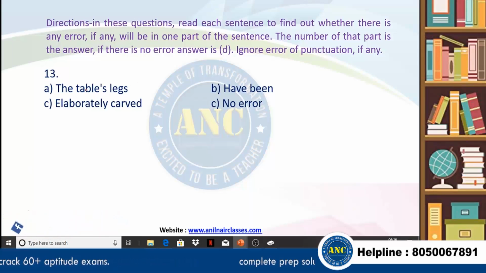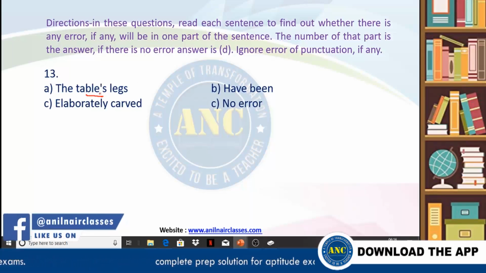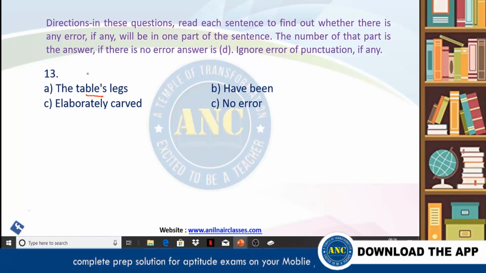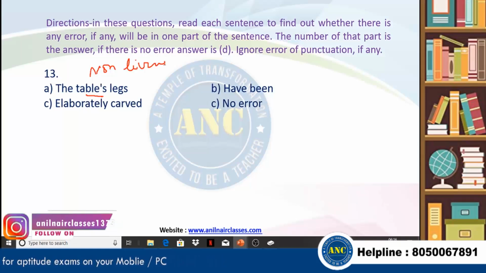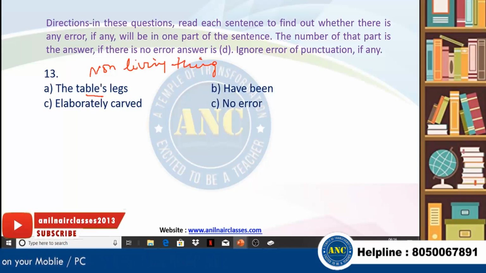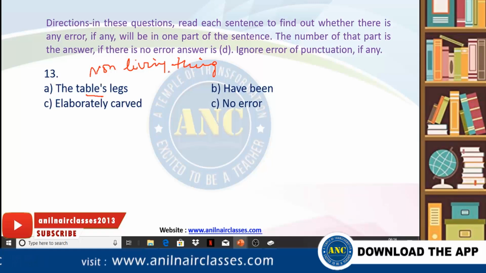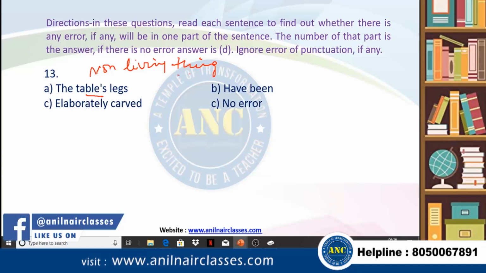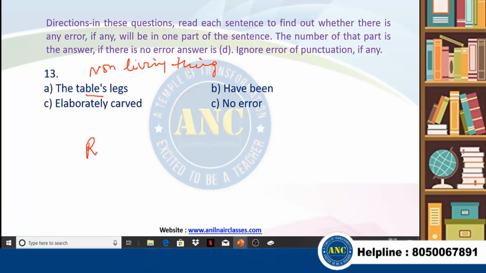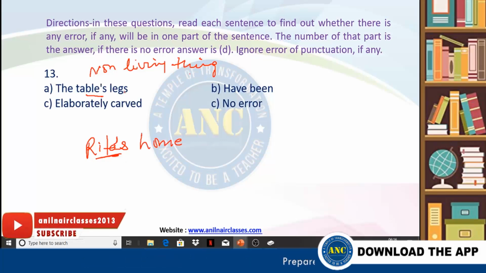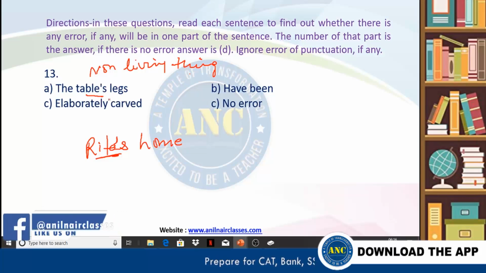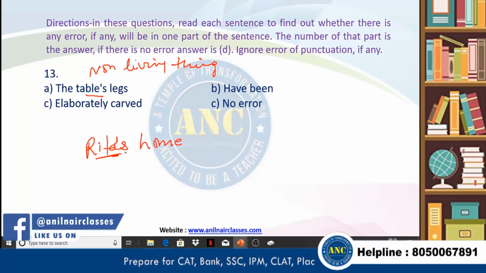The table's leg. The table is what? It's an inanimate object, a non-living thing. While discussing apostrophes, we discussed that we can put apostrophe plus s to show the possession of living things, like I can say Rita's home. Rita is a living thing, but a table is non-living. So when we talk about non-living things, we don't put apostrophe plus s.